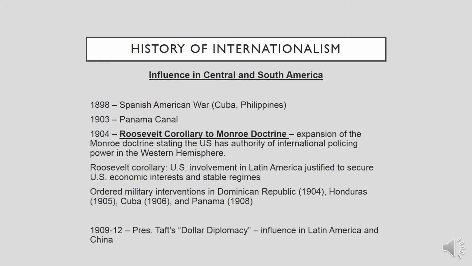In Panama, for example, we didn't invade, but in order to have access to the Panama Canal, during the Roosevelt administration, there was the support of a coup in Panama. Panama was controlled by Colombia, or part of Colombia at that time, and there was a bloodless revolution aided and abetted by the Roosevelt administration in order to make Panama independent, and thus the United States had greater access to the Panama Canal area.